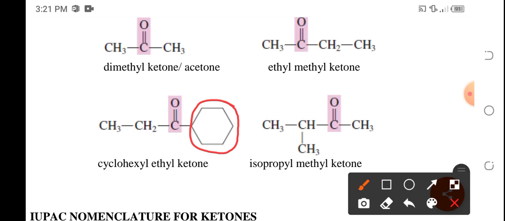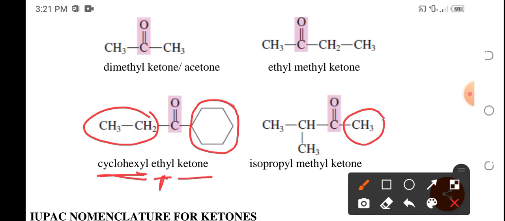So we drop the E and add YL to denote that it's not a parent chain, rather it is a substituent. That is cyclohexyl, and this one is ethyl. Arranged alphabetically, this organic compound will have the name cyclohexyl ethyl ketone.